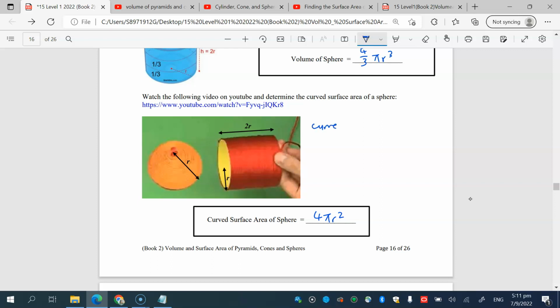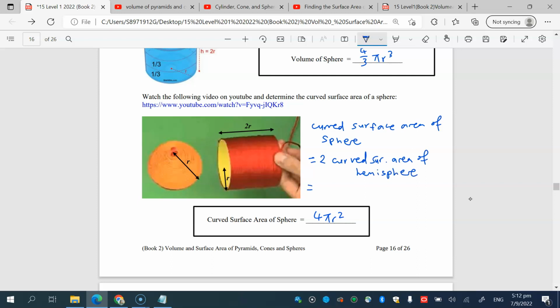So let's write down: curved surface area of sphere equals to 2 curved surface area of hemisphere, because a hemisphere is just half a sphere, right?